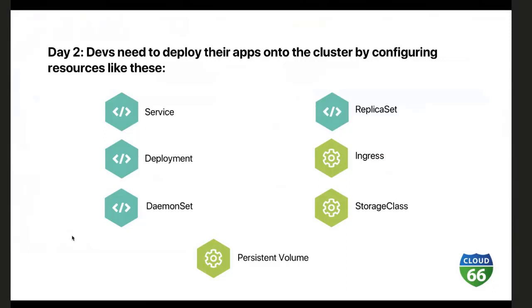So the best thing about Kubernetes is that everything is a resource. From an application service that is running to a port and a firewall and a load balancer, they're all equal and they're all resources.